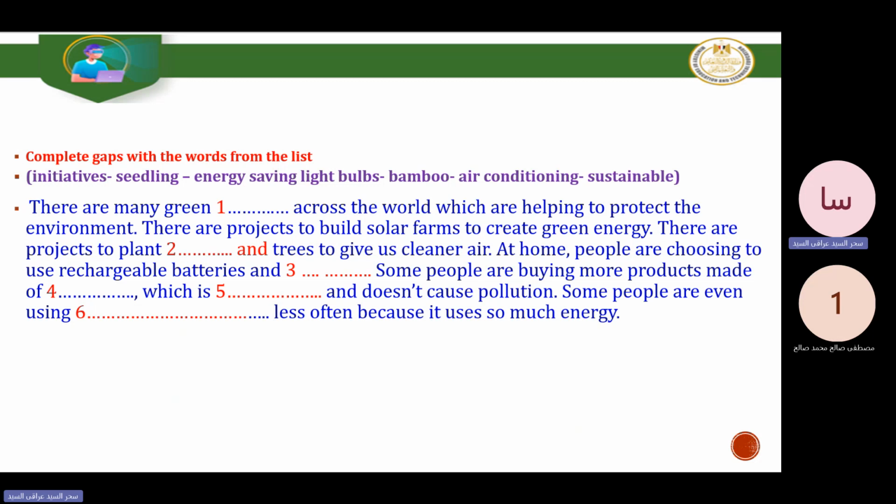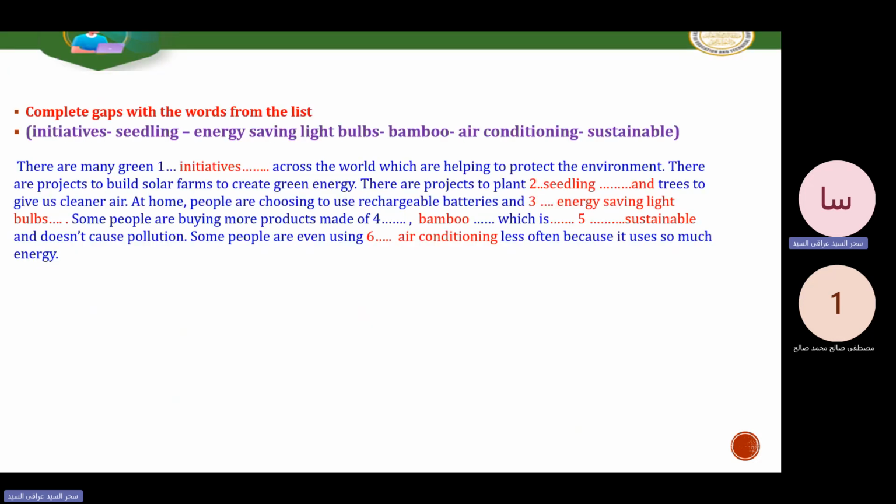Okay, let's check the answers. There are many initiatives across the world which are helping to protect the environment. There are projects to build solar farms to create clean energy. There are projects to plant seedlings and trees to give us cleaner air.